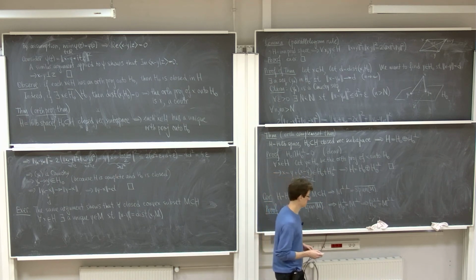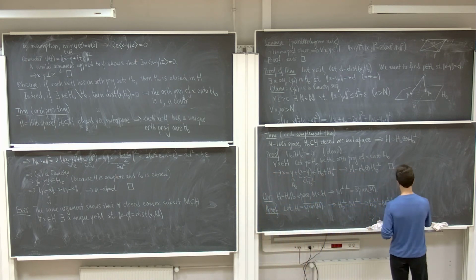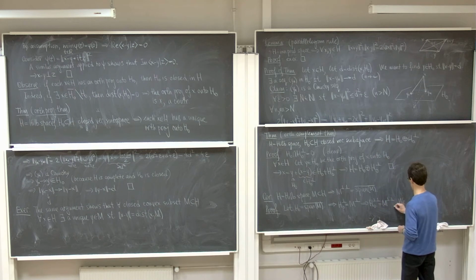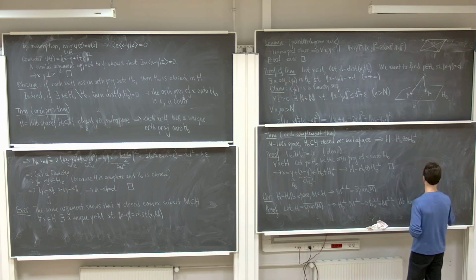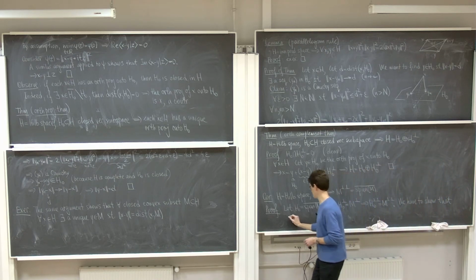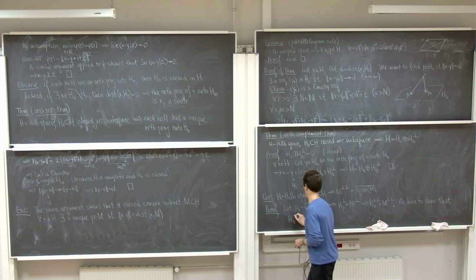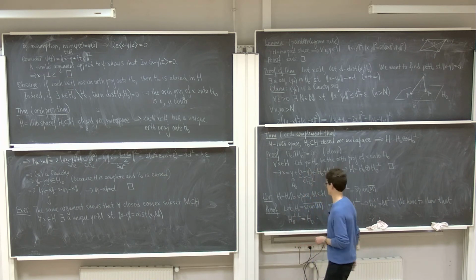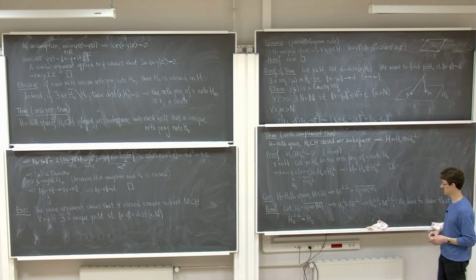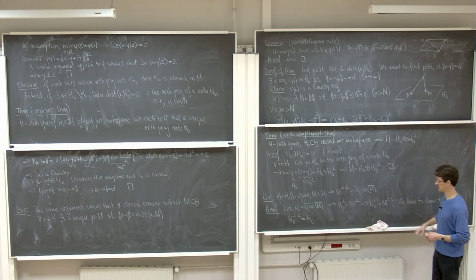And now to complete the proof, we have to show that H0 double orthogonal equals H0. This is equivalent to our original statement.